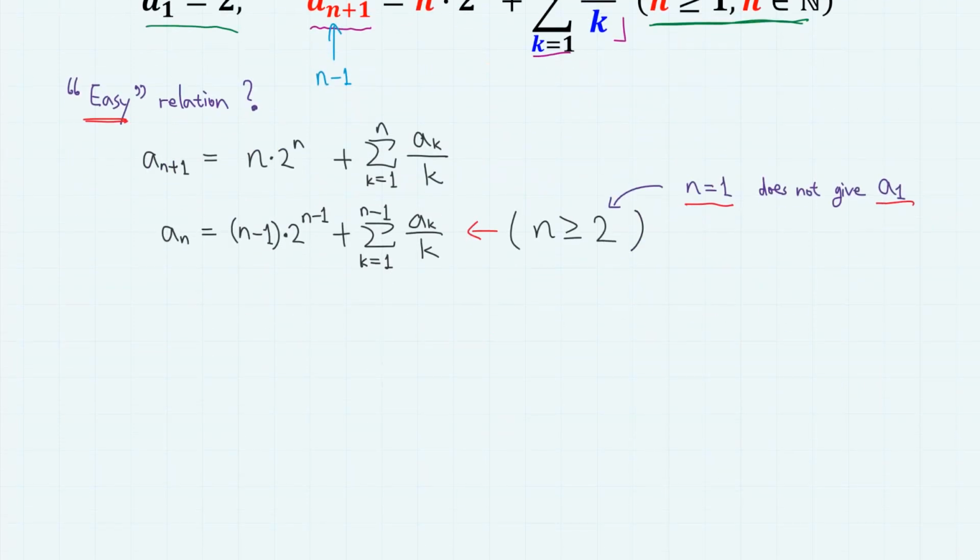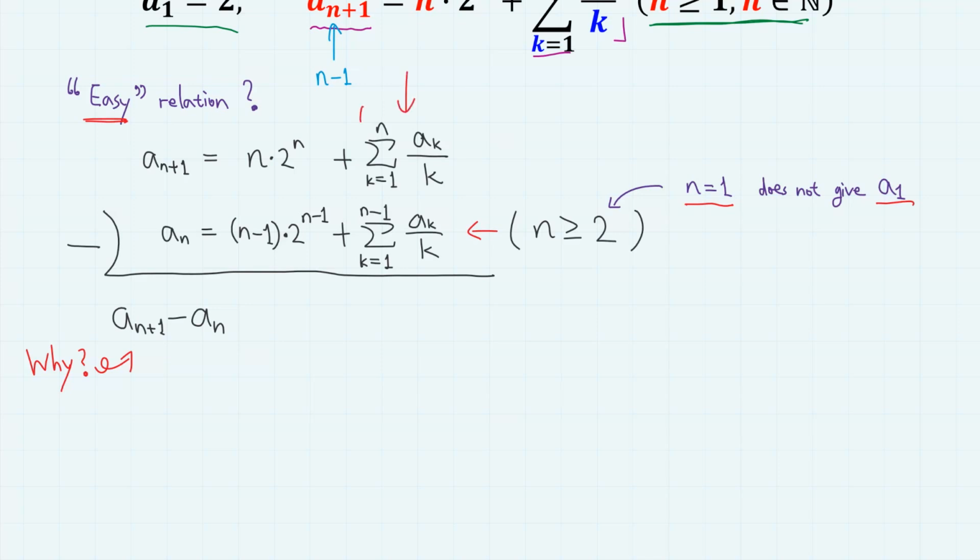And now comes what seems like a rather unusual procedure. I am going to calculate the difference a(n+1) minus an. But why? Well, because if we do that, then the sigma notation disappears. More precisely, a(n+1) minus an is equal to n times 2 to the power of n minus (n minus 1) times 2 to the power of n minus 1.